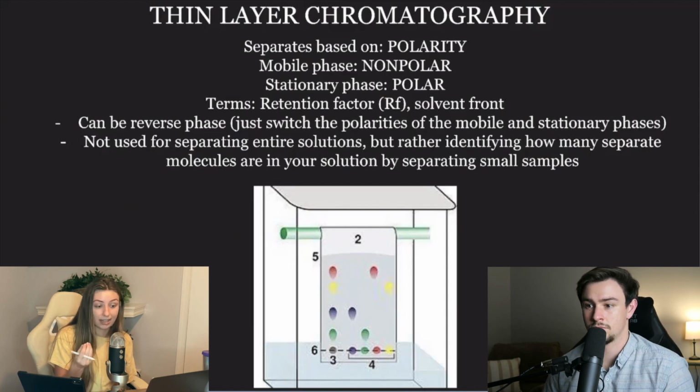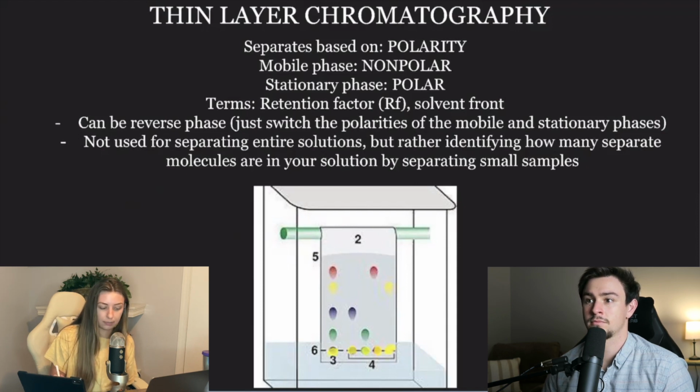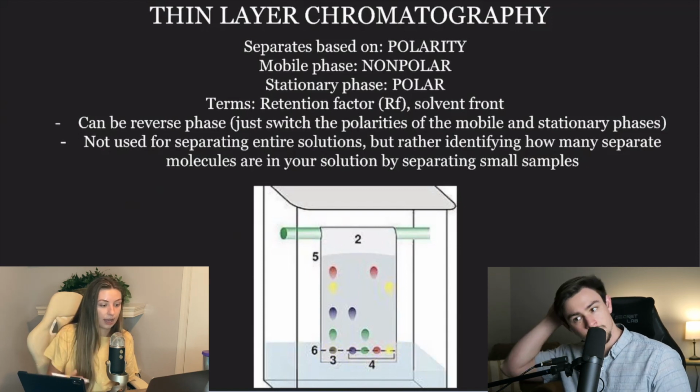If you're not familiar with it, basically you dot different solutions. Probably these would all be known solutions, and this would be an unknown solution. And you see how the different components in that unknown solution separate based on polarity.